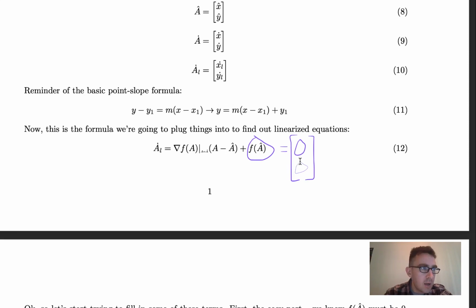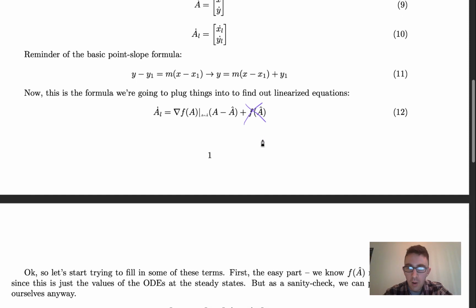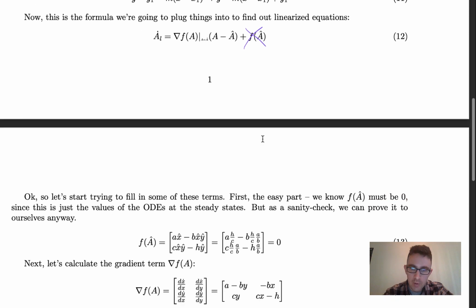The idea here is basically that we can ignore this f of a hat term. So the next thing we're going to do, now that we know this is just a matrix of zeros, is eliminate it from our formula, and we just proved to ourselves why.